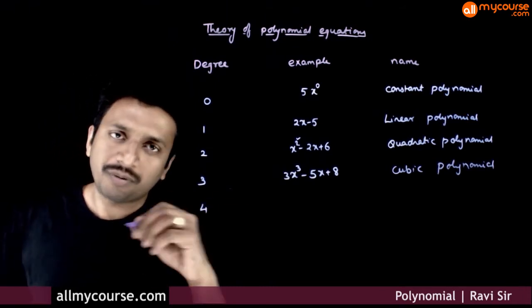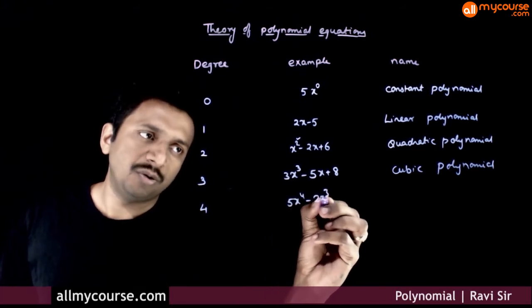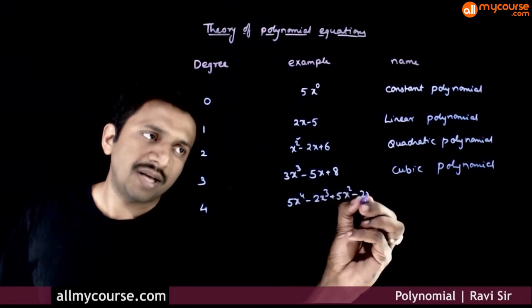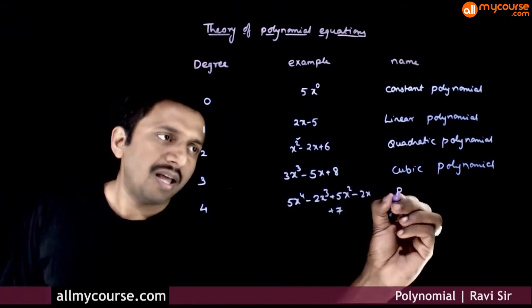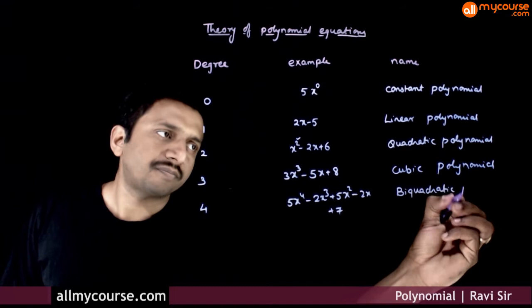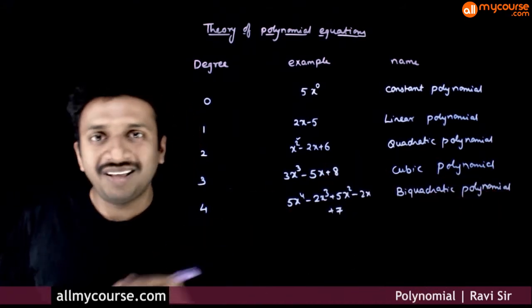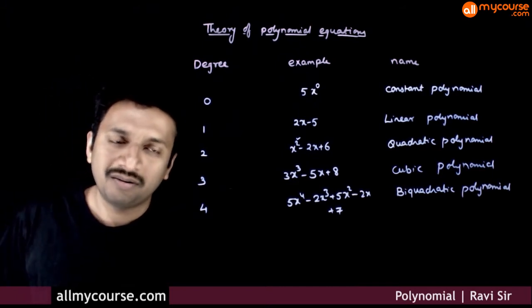If the degree is 4, for example, 5x power 4 minus 2x cube plus 5x square minus 2x plus 7, this is called a biquadratic polynomial. A polynomial of degree 4 is called a biquadratic polynomial.